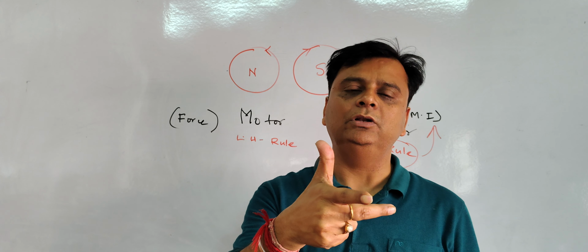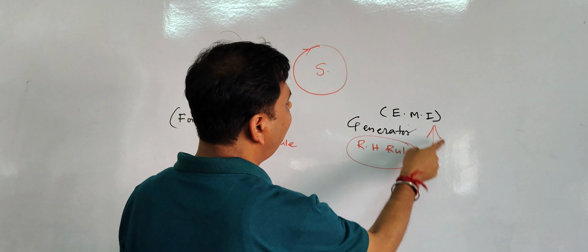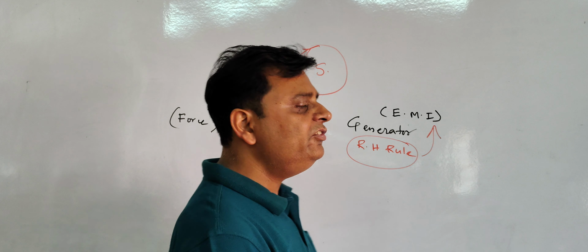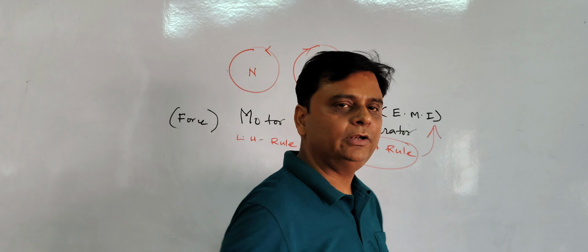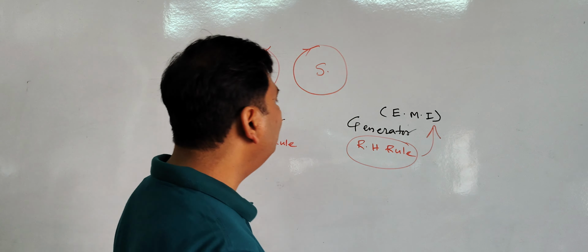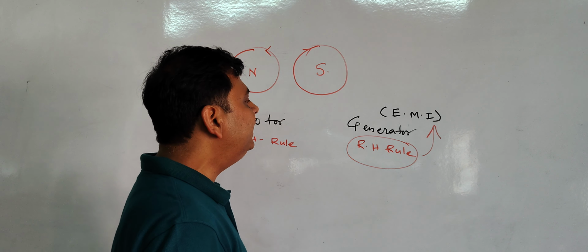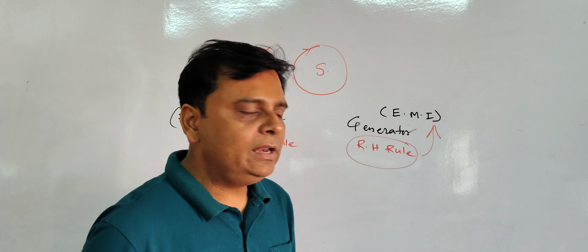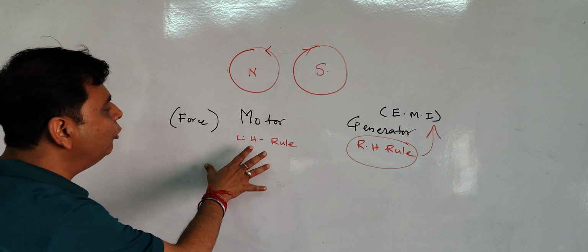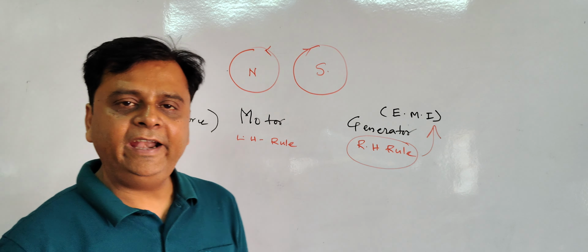This rule is particularly useful in the case of a generator. A generator is a device based on the phenomenon of electromagnetic induction, and of course we know that a generator converts mechanical energy into electrical energy. Now when we talk about a motor, we use the left hand rule.